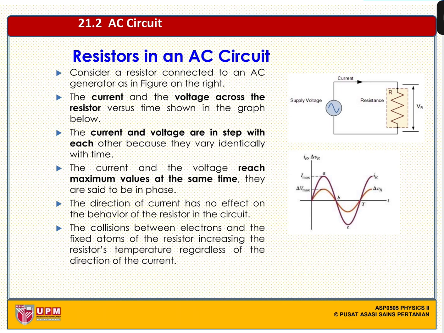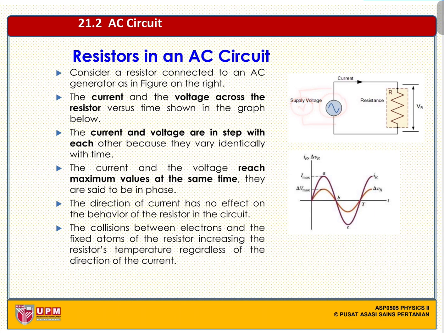You have an AC source. Here, AC source. Dia connect dengan a resistor. So, kita dah tengok dekat part 2 punya video, which is kita baca voltage across the AC source.